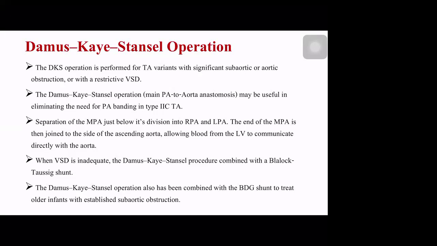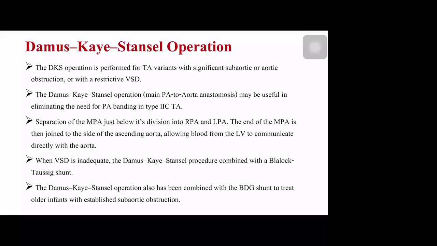The end of the MPA is then joined to the side of the ascending aorta directly, allowing blood flow from the LV to the aorta directly, because there is aortic or subaortic obstruction. So now from the LV to the PA to the aorta, the blood flow is continuing.